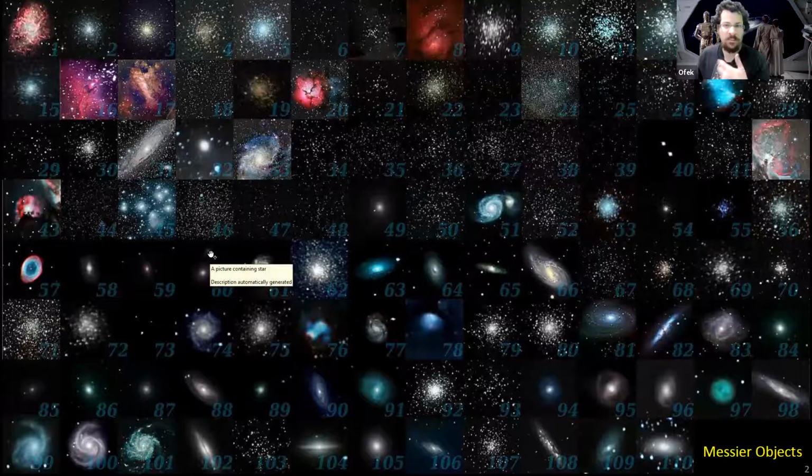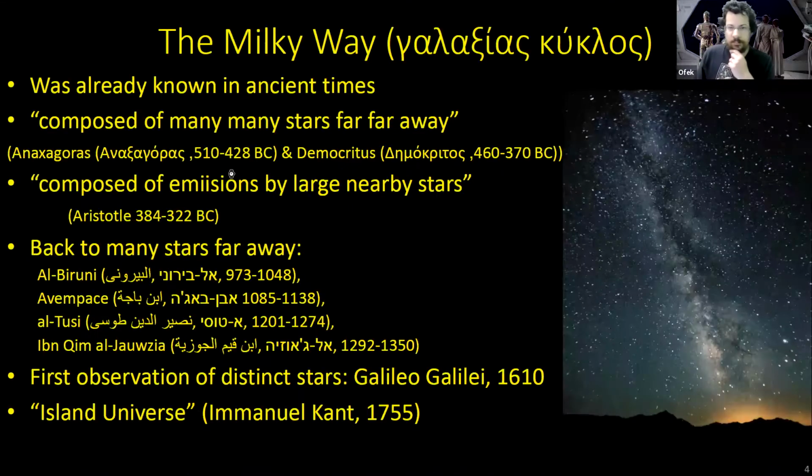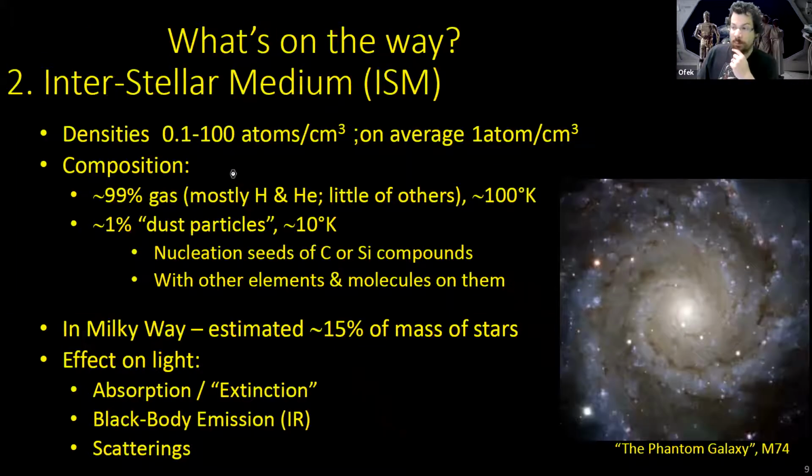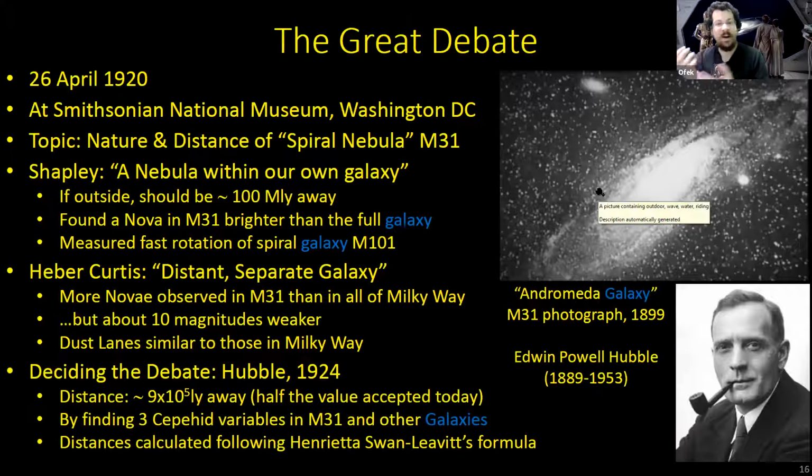And these were all seen by telescopes long before they were understood to be separate galaxies. What Hubble proved was that these types of spiral nebulae or unknown objects in the Messier Catalog, and by his time we had many more of them observed, were in fact separate galaxies.